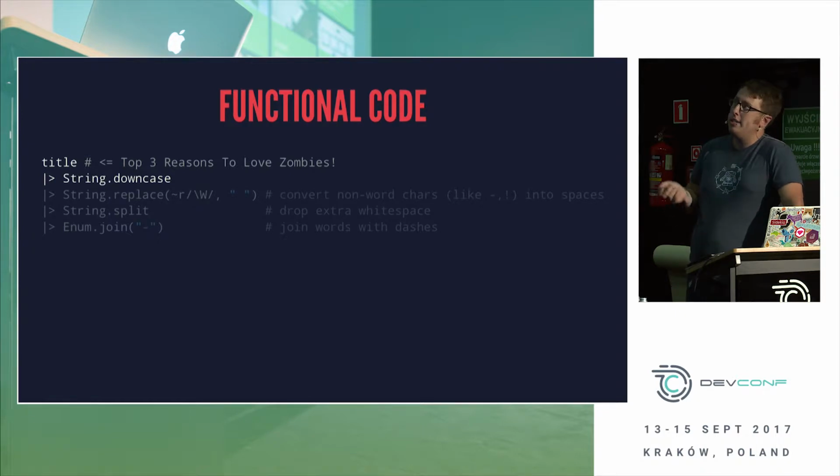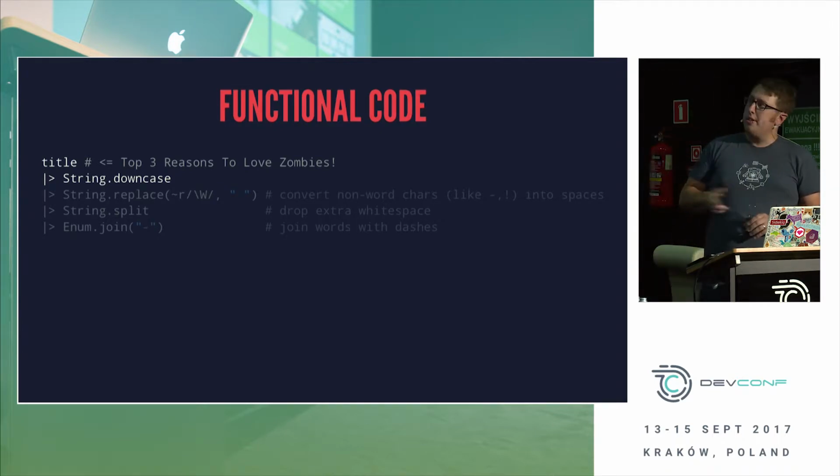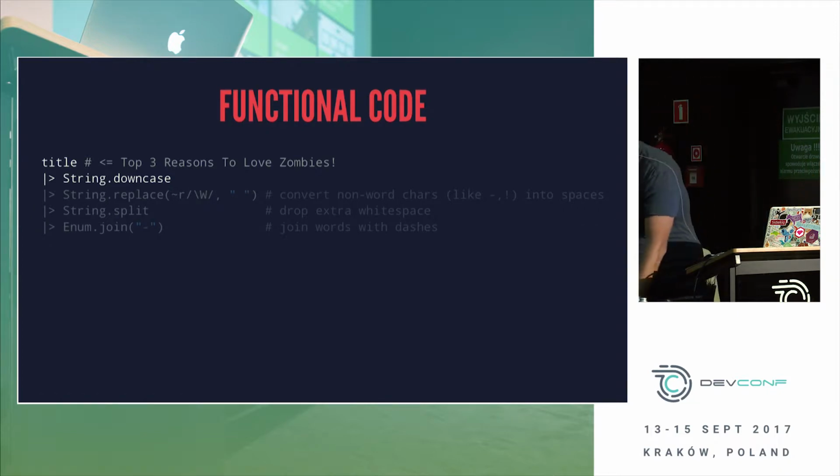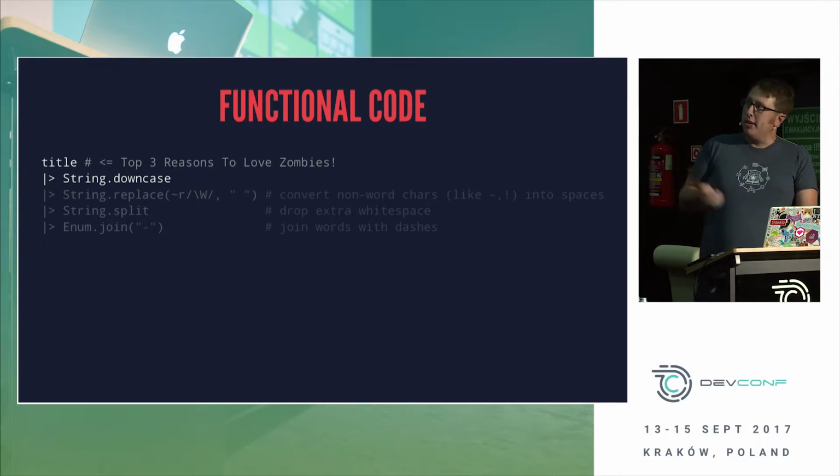Functional code has another construct in Elixir called piping. And the idea of piping is that the response from the previous function, so title, for example, becomes the first argument to the next function. So String.downcase expects a string to get passed in. And so that string is going to come from title.